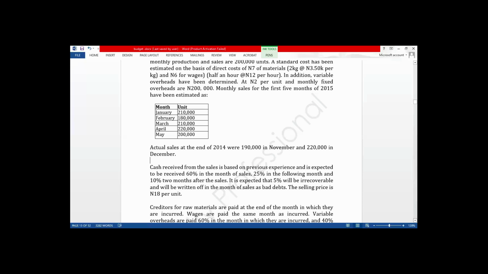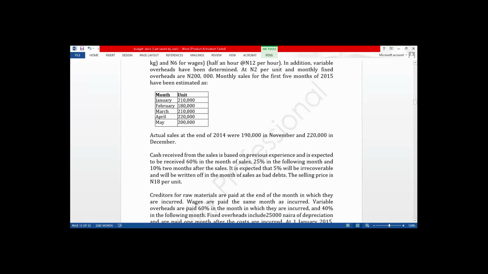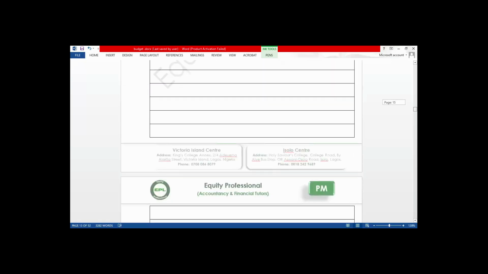Now let's go to working. We are going to use this page for our cash budget. Then the next page, working.